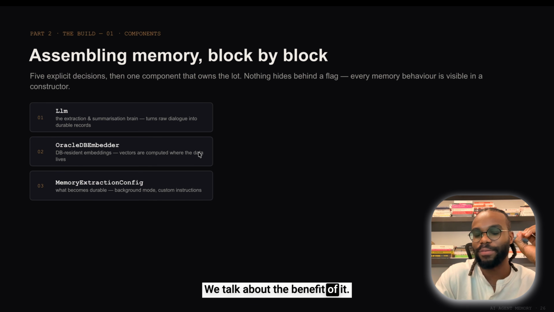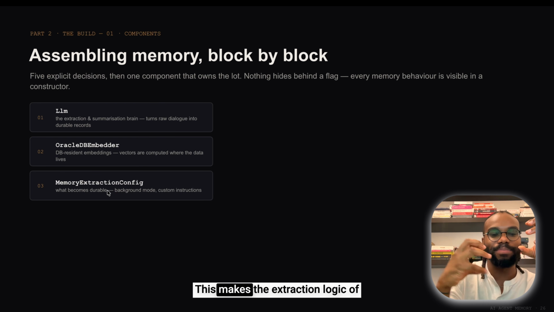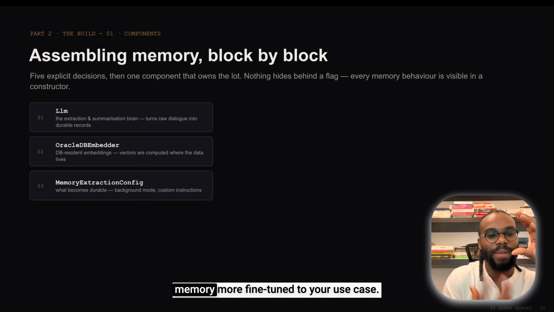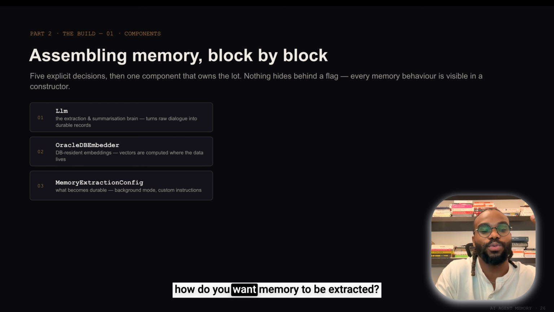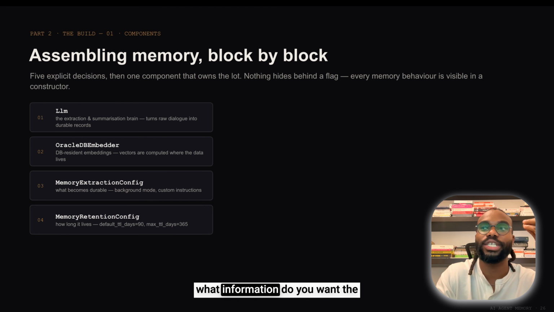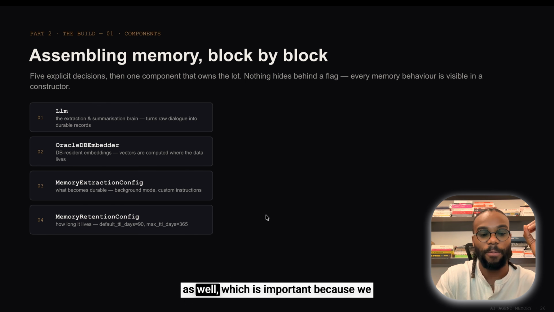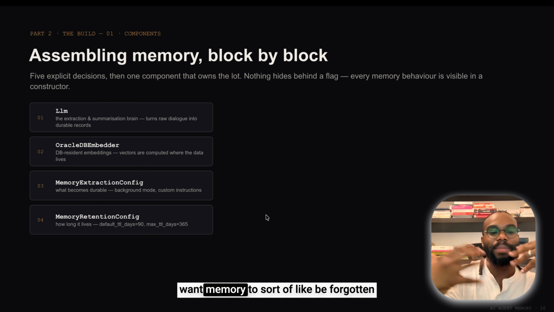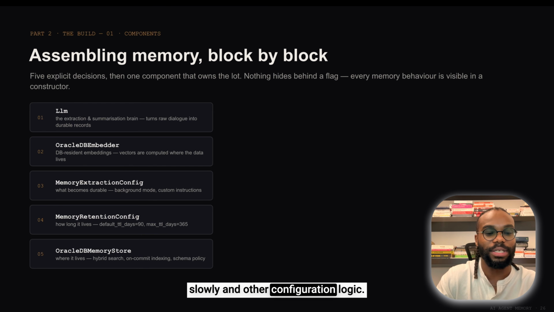We talk about the benefit of it. Then we have this memory extraction configuration. This makes the extraction logic of memory more fine-tuned to your use case. How do you want memory to be extracted? What information do you want the extraction logic to take more notice of? And we have this retention configuration as well, which is important because we want memory to sort of be forgotten slowly, and other configuration logic.